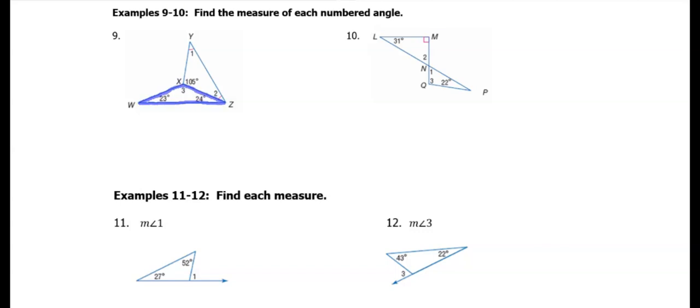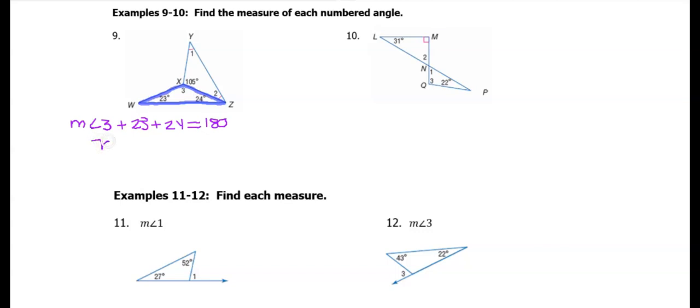So we're going to say measure of angle 3 plus 23 degrees plus 24 degrees should all add up to 180 degrees for my triangle.